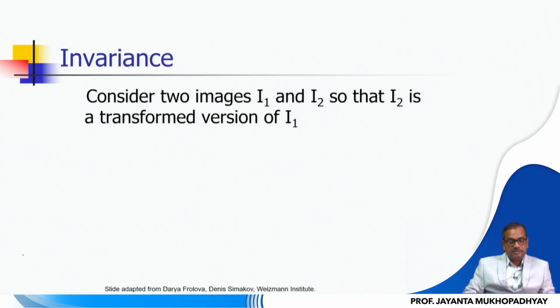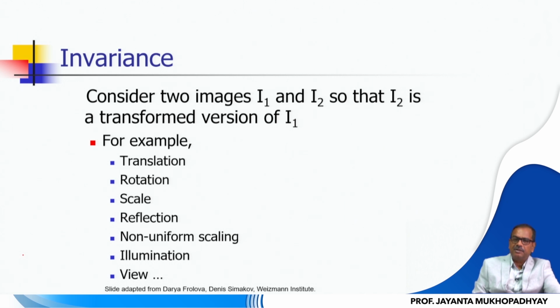Now, what is meant by invariance? Suppose I have two images I1 and I2, and I2 is a transformed version of I1. As I have already mentioned, these may be different kinds of transformation. I have added various other things, like reflection, non-uniform scaling, illumination, and view, which I mentioned earlier.